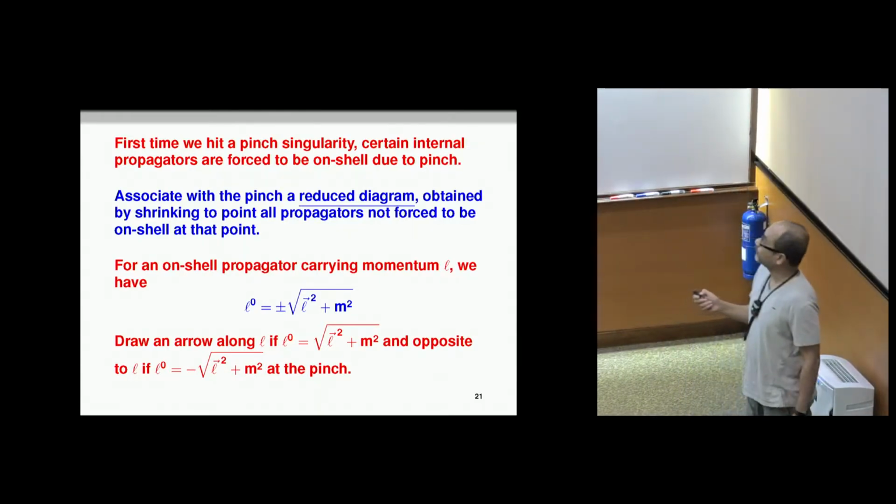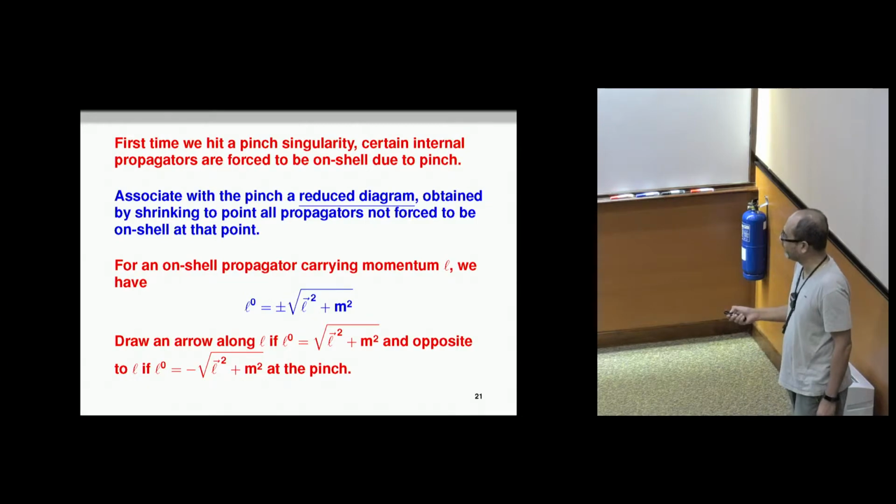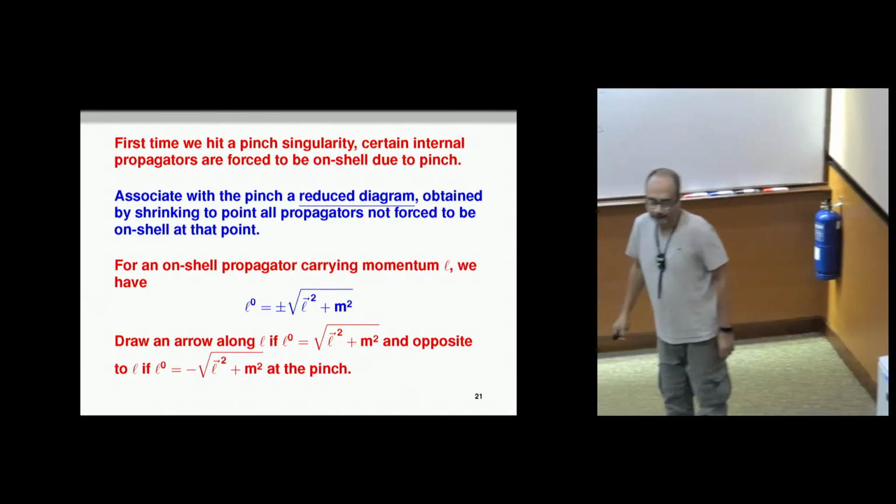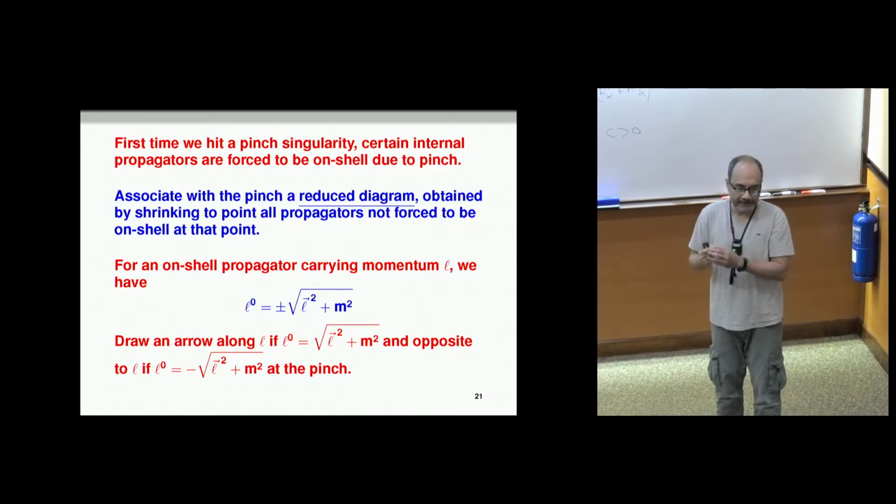So the first time we hit a pinch singularity, certain internal propagators are forced to be on shell, right? Because whenever these singularities are after all poles of the propagator, right? So when two poles are coming close, that means that we cannot deform the contour away from these poles. Okay? So those propagators are on shell.